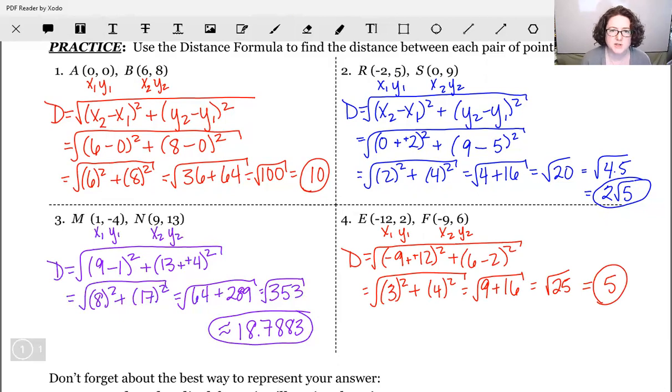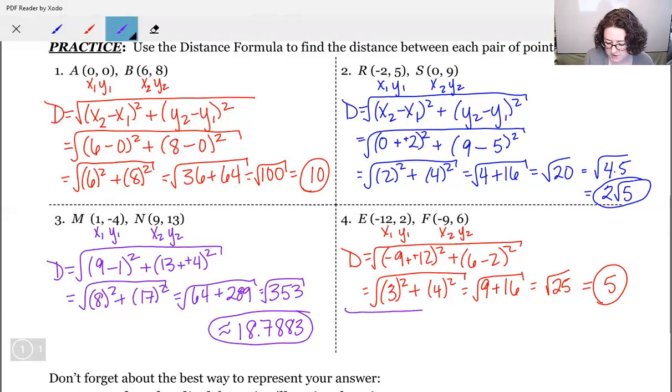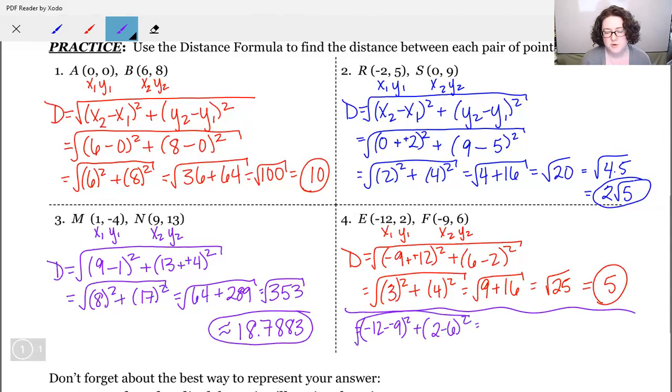Now, don't forget too, occasionally if you choose a different order when you're trying out the problems, you might have a negative number. So just to show you what I'm talking about and the other way that you might arrange this, if we had chosen to do the other order, maybe switching them up, so -12 minus -9, plus 2 minus 6, check out what happens. -12 minus a -9, aka -12 plus 9, is going to give me a -3. 2 minus 6 gives me a -4.